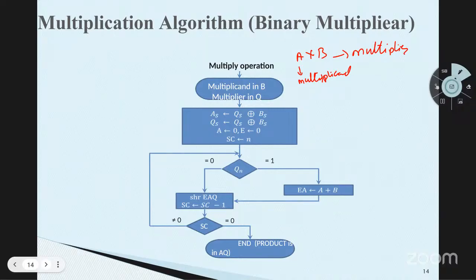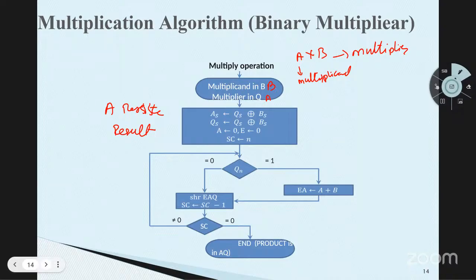So now here you can take B and here you can take A and the first operand in the Q register. And here the A register can be used for result. A can be used to display the result.